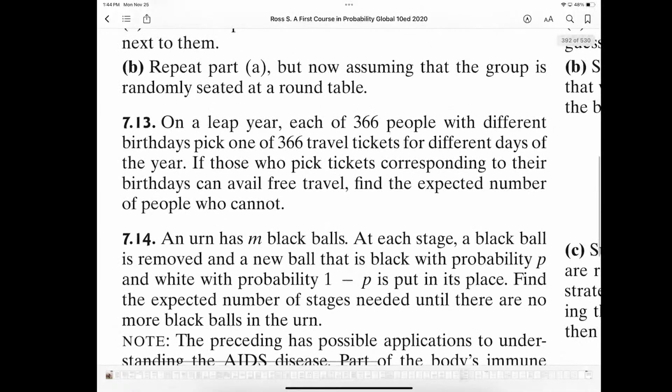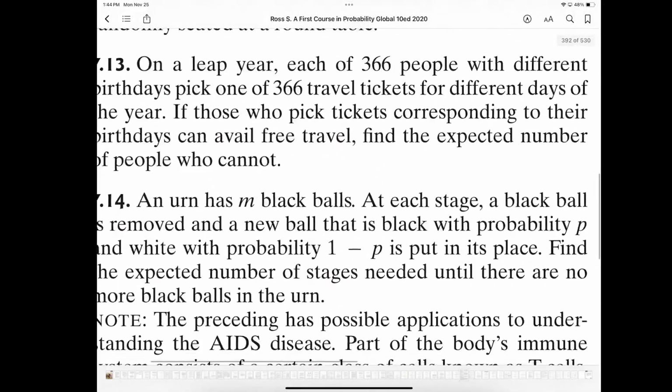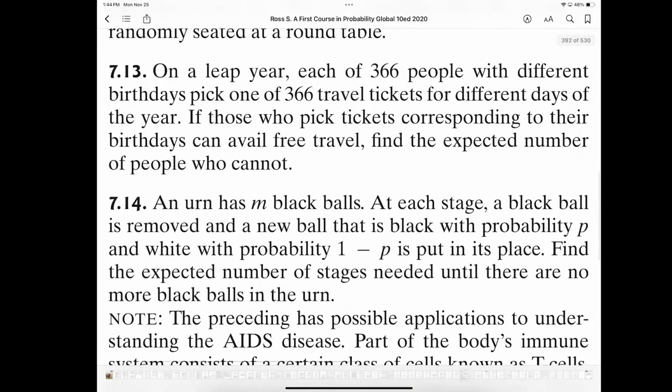Number 14. Here we go. It looks really long, but it's just because there's this note about applications to health science. But you have an urn with M black balls, and at each stage you remove a black ball from the urn. So I'm not randomly choosing; I pick out a black ball, set it aside, and I replace it with either a black or a white ball, with probability p for black and 1 minus p for white.